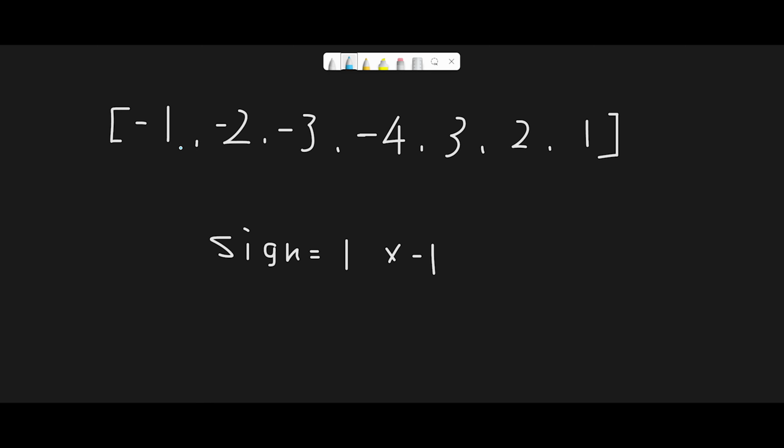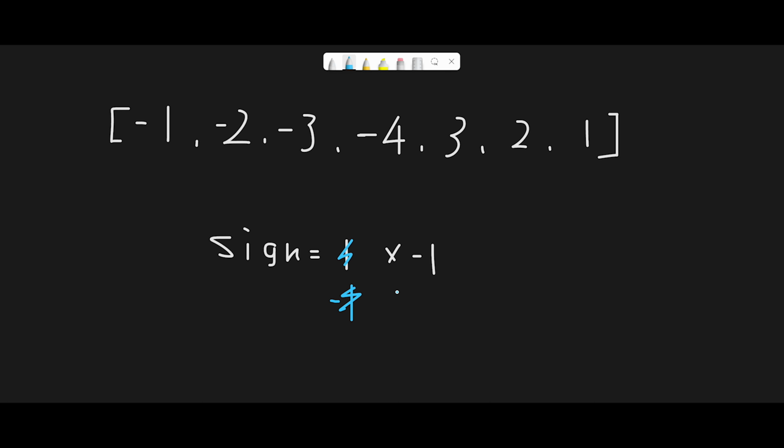So let's begin. First of all, we find the negative 1. In that case, we multiply negative 1 to the sign variable, so now the sign variable is minus 1. Then move next, we find the minus 2. This is a negative number, so we multiply minus 1 to the sign variable.